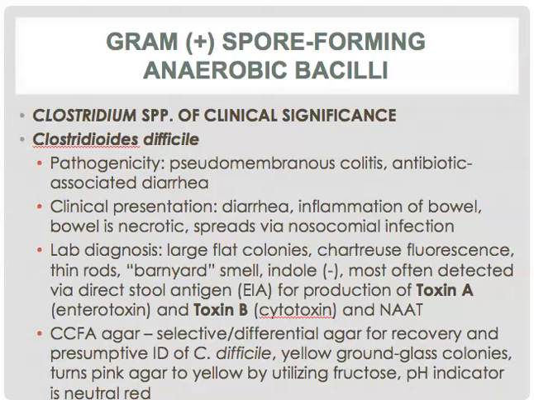And remember, this is part of the normal flora, so we wouldn't recover it from stool cultures. We're looking for those toxins, toxin A, which is an enterotoxin, and toxin B, which is a cytotoxin. So really, they've got the EIA, the direct stool antigen test, but probably more commonly nucleic acid amplification testing for those toxins.